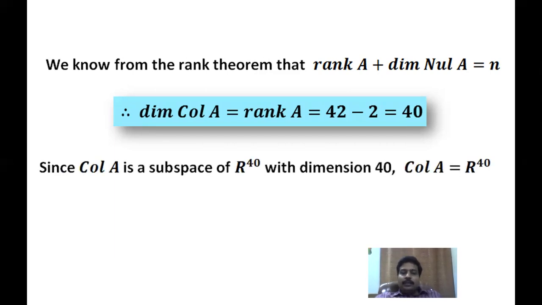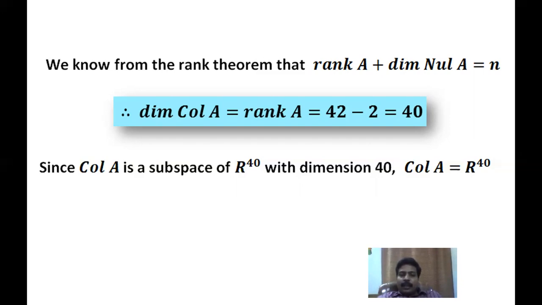That means the basis for column space A has 40 vectors.